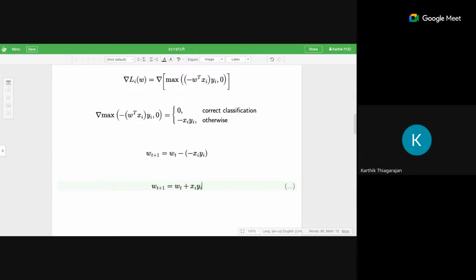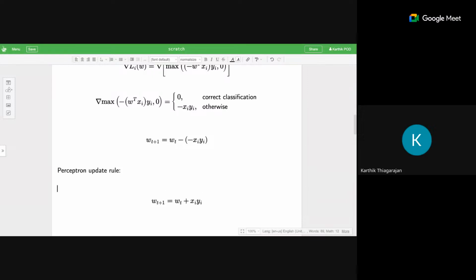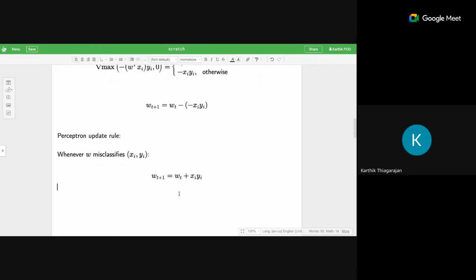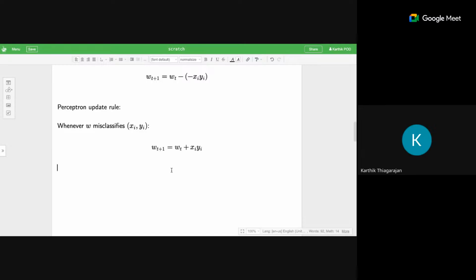So this is exactly the perceptron update rule. Whenever W misclassifies xi yi, you update W as the following. This is your perceptron update rule.